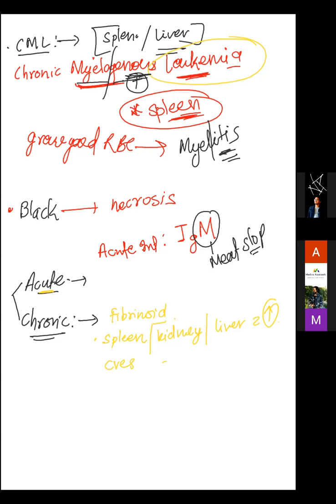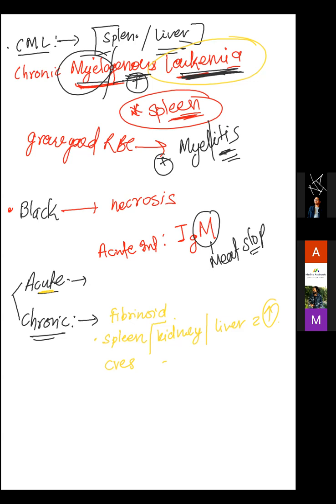So in osteomyelitis, just remember the first part: what is before myelitis? Every time myelo doesn't mean you should go for the spleen or liver. When there is leukemia, that is the standard thing to remember. When there is destruction of blood cells, then go for the spleen.